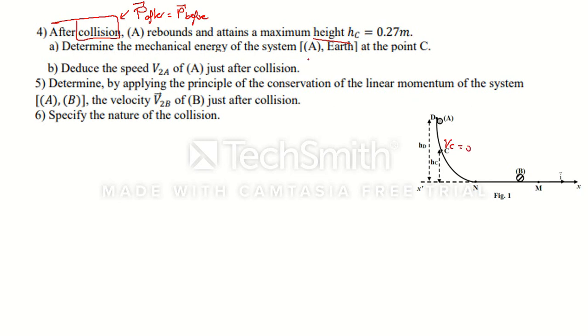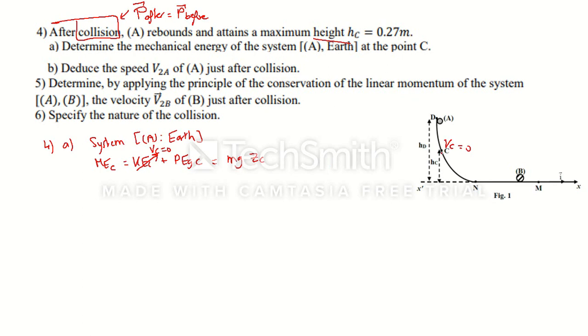And determine the mechanical energy of the system A-Earth at the point C. So this is part 4A. The system is A and Earth. So the mechanical energy of the system at the point C is equal to KE at the point C plus PEG at the point C. But since there's no speed at the highest point, VC equals 0, so we still have mgzC.